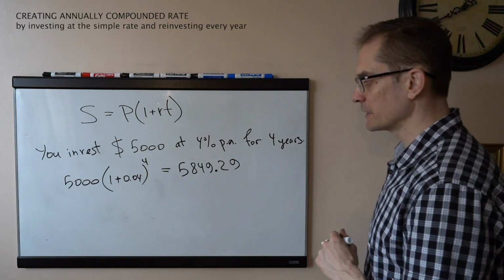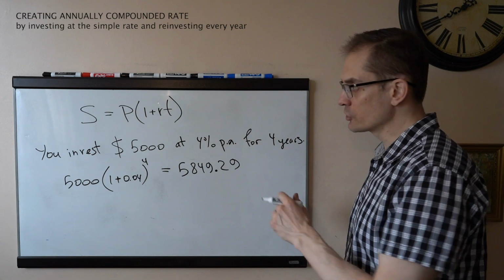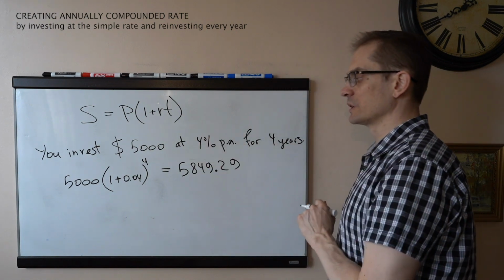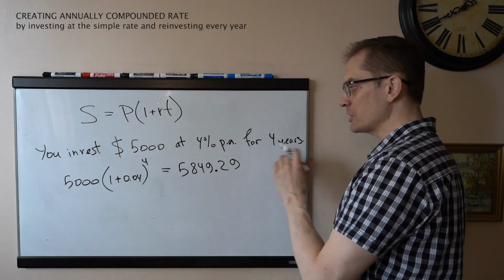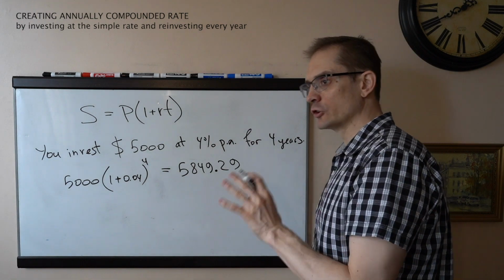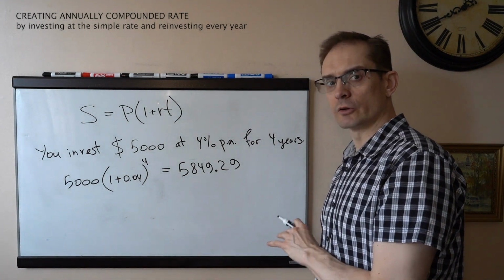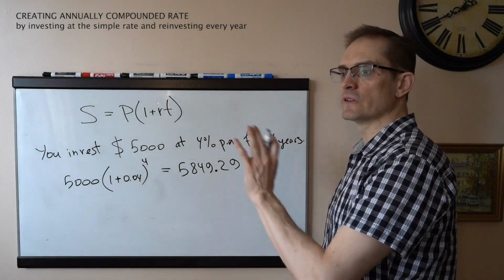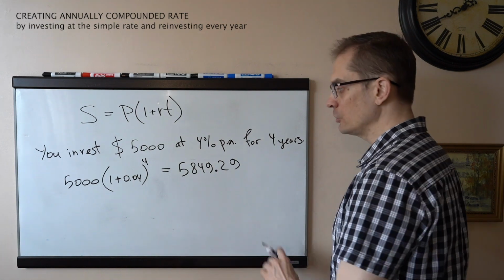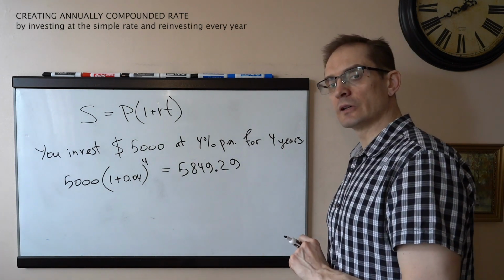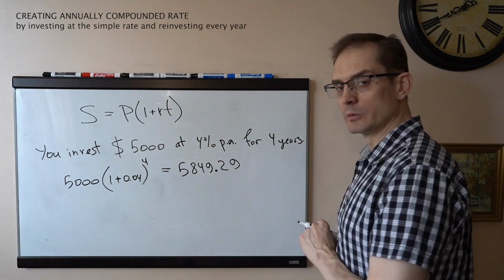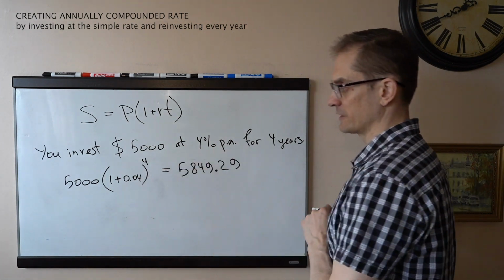But if you didn't reinvest, if you just went along with this simple interest arrangement, so if you basically ignore the fact that the account is no longer locked and you just continue with this as though it is locked, you would actually not earn as much interest as you probably could by reinvesting.